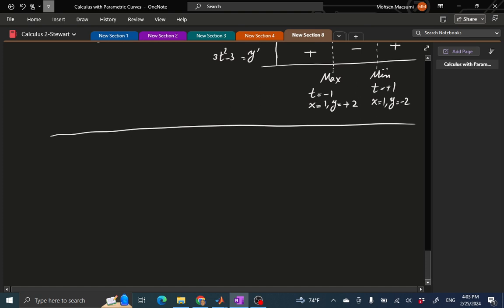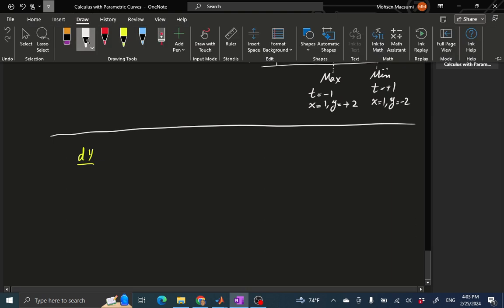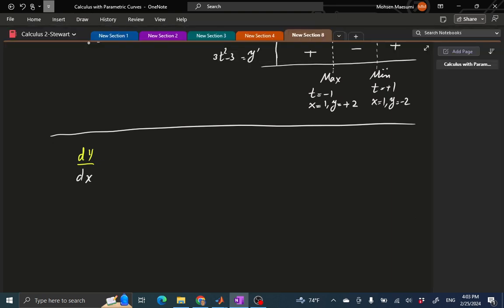Let's go back and see that dy dx, we said it can be written as dy dt over dx dt. It is good to learn this in a more general fashion. I'm going to explain why. D of anything. So anything, let me put a box, let me not use a letter so that I'll be a bit more free later on.